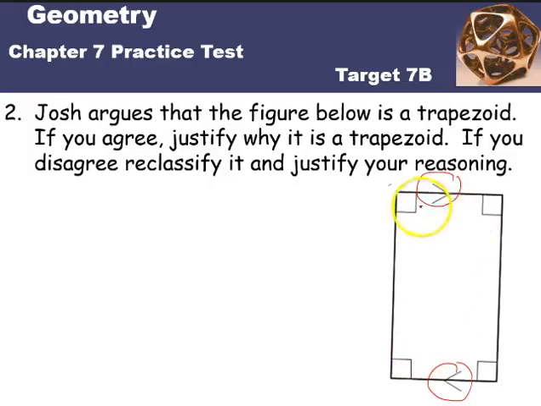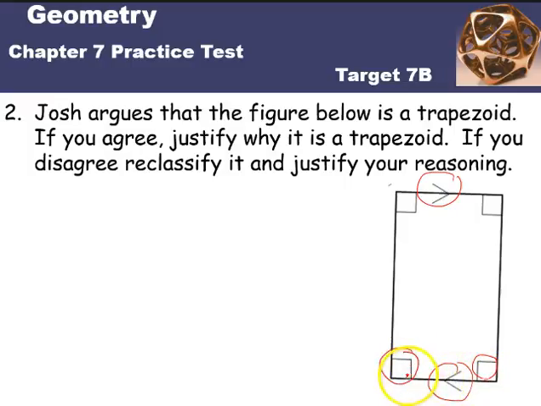So it looks more like a rectangle. And once again, a rectangle has 4 90-degree angles. So remember, a trapezoid can only have 1 pair of parallel sides. But since these two angles are both 90, and 90 plus 90 is 180, these two angles are supplementary.